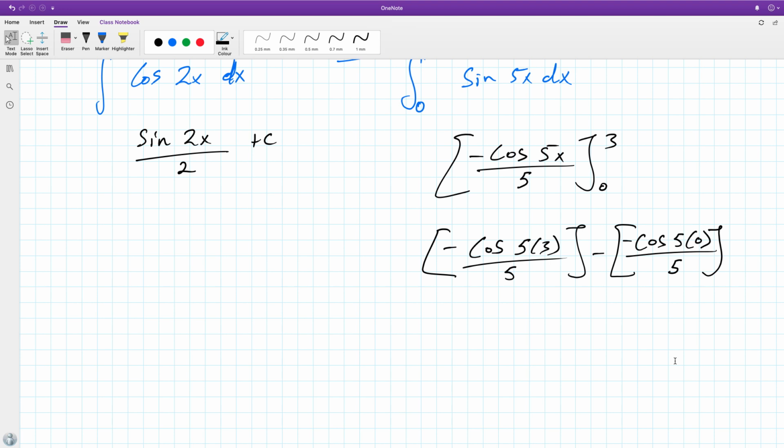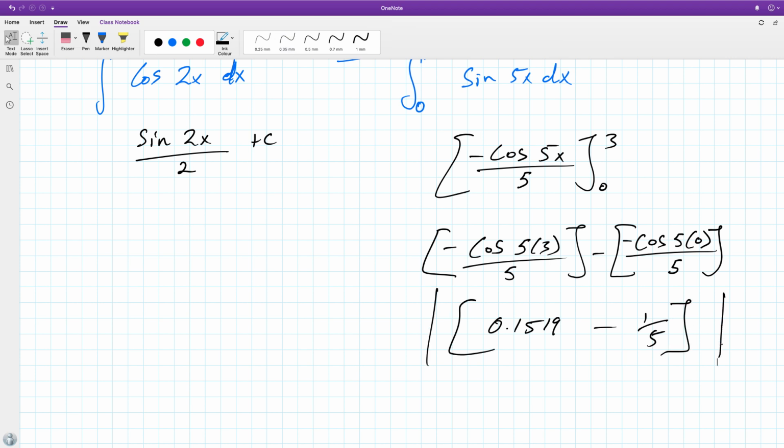Minus the cos of 5 times 3 over 5, and you get 0.1519, minus, change it back to zeros, and you get minus 1 over 5.